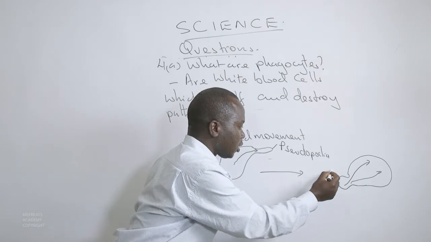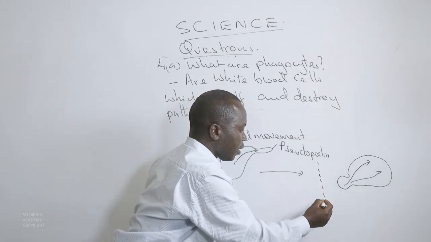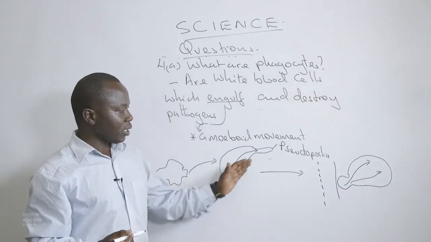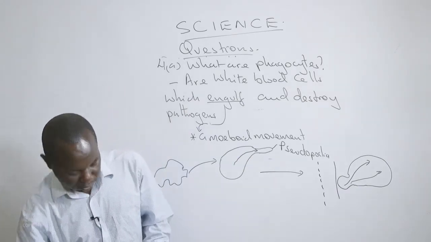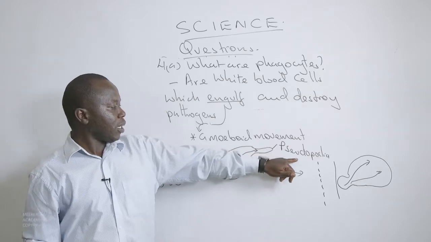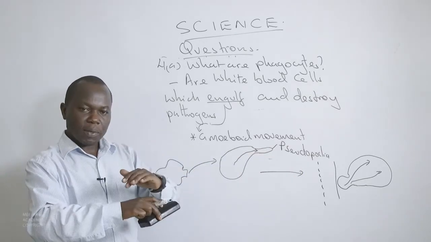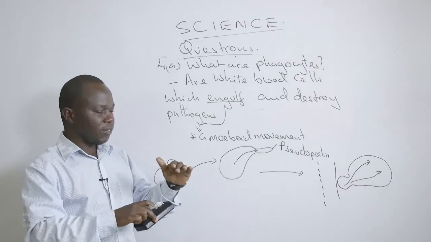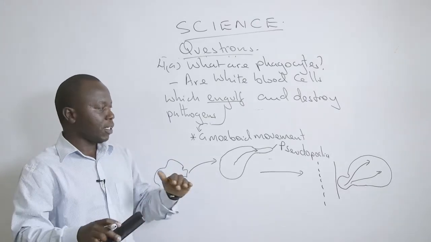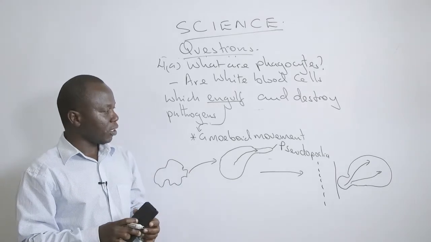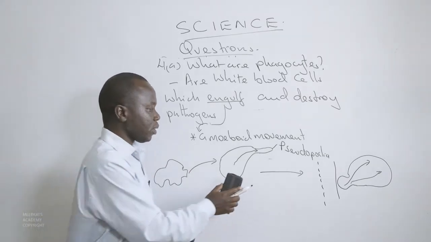If it was somewhere here, it will have moved to a new position. So that is amoeboid movement. It can use this amoeboid movement to engulf, to surround. Engulf simply means surround, and in the process form a food vacuole. When a food vacuole is formed, it's able to destroy.